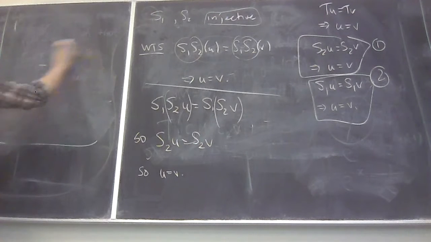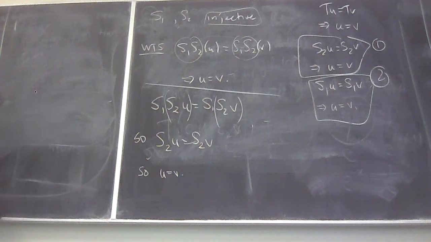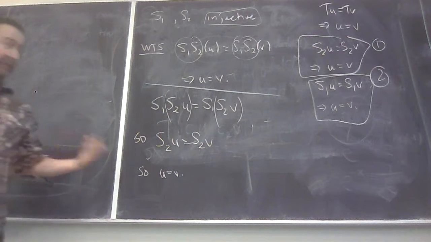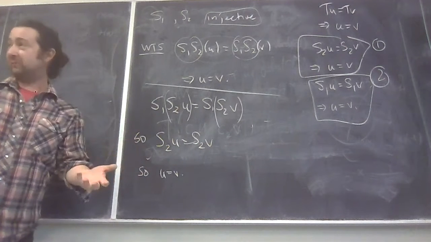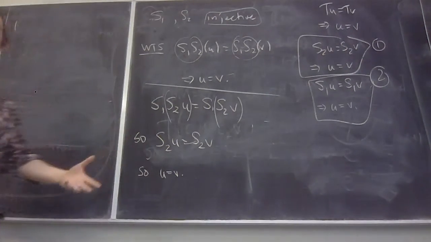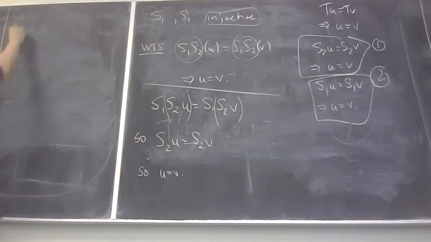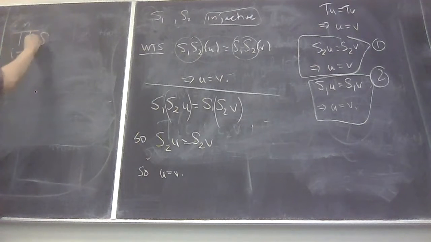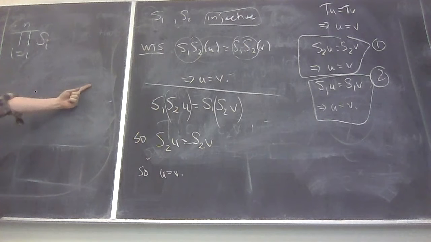I don't know how many of you have seen this symbol before, but in the same way there's a symbol for finite sums, the big sigma, there's a symbol that stands for a bunch of things multiplied together too. The one thing you have to be careful about when you write something like this is to make sure the reader understands that this is a non-commutative multiplication, right? And that you're multiplying from S1 to Sn.